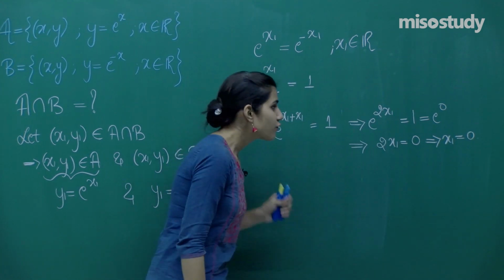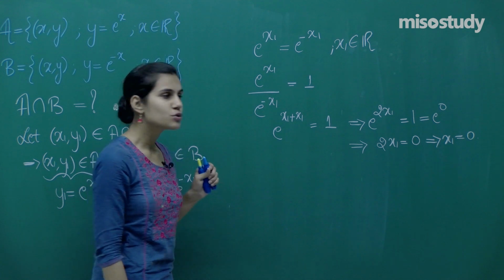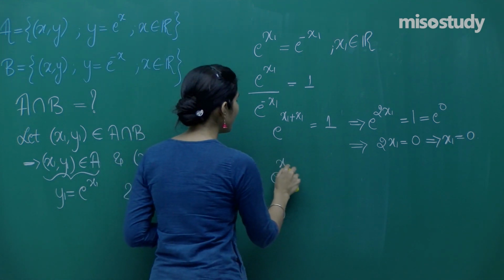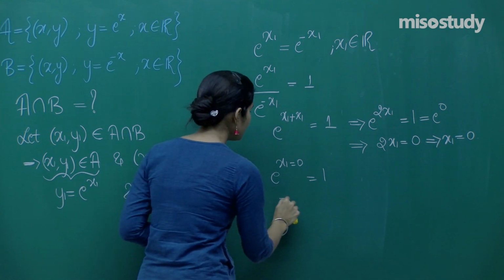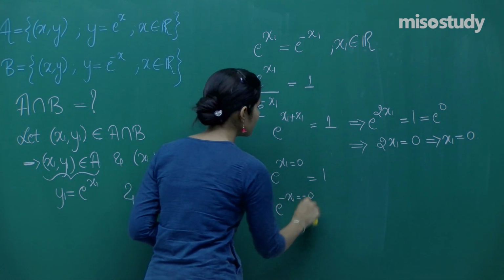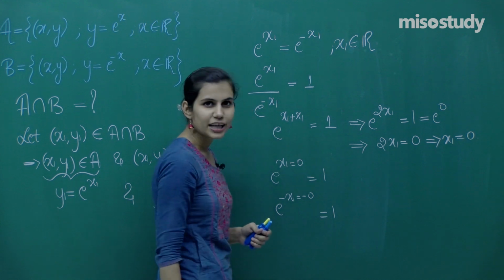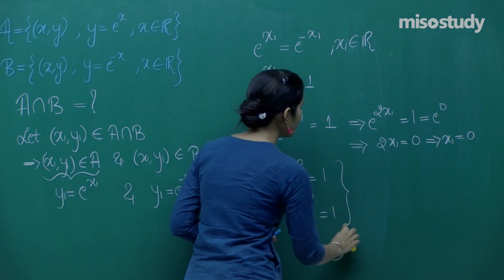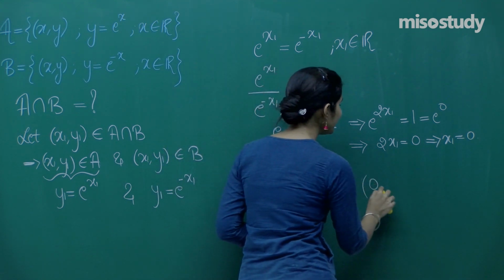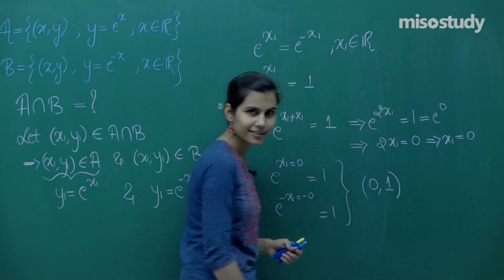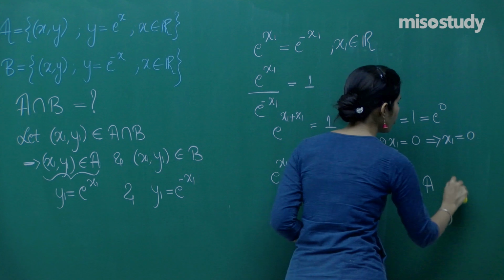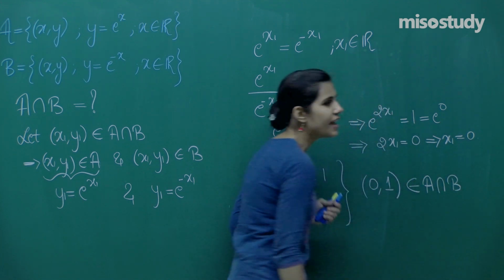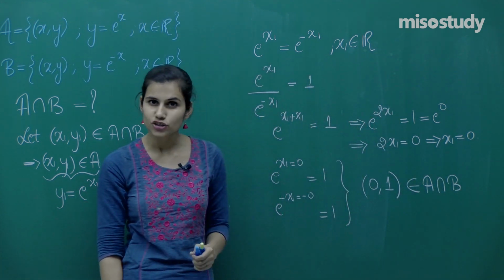For x1 equal to 0, e to the power x1 which is 0 gives me 1 and e to the power minus x1 which is minus 0 again gives me 1. Therefore, the tuple 0, 1 belongs to A also and B also and therefore belongs in the intersection.